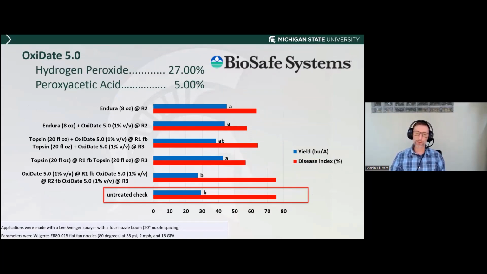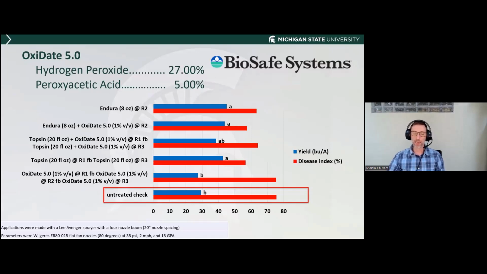We also look at the various products that are marketed for white mold management, and in this case we looked at Oxidate. We looked at Oxidate 2.0, and in this case, we're looking at 5.0. So this is basically hydrogen peroxide, and it's also got some peroxyacetic acid in there.